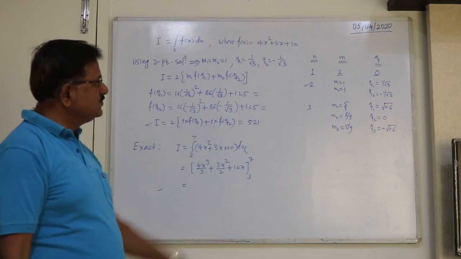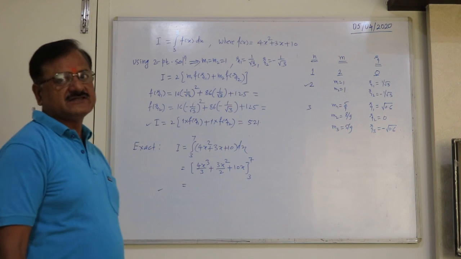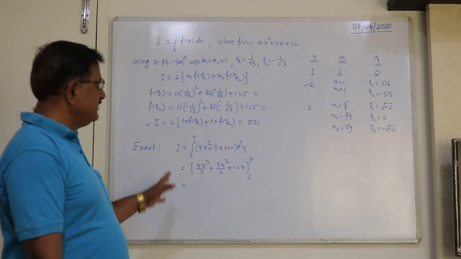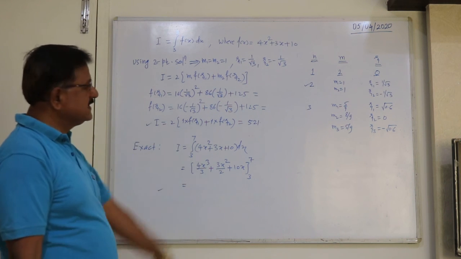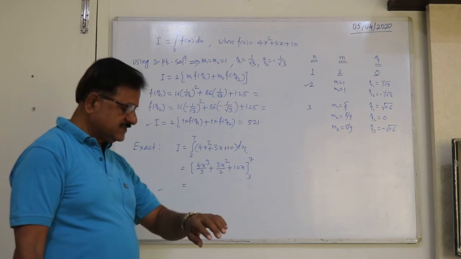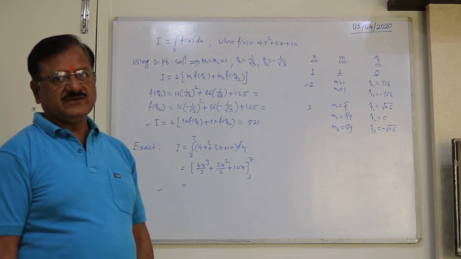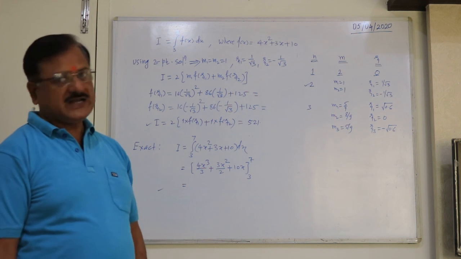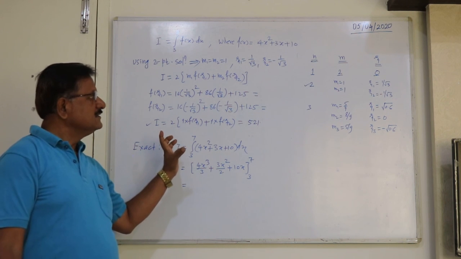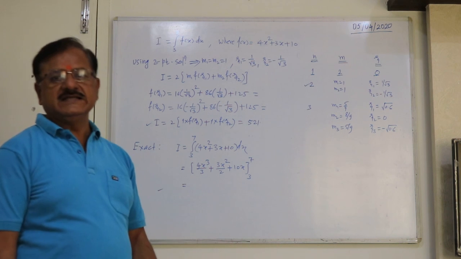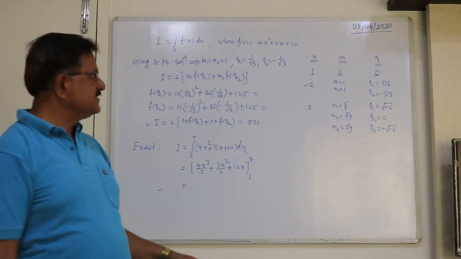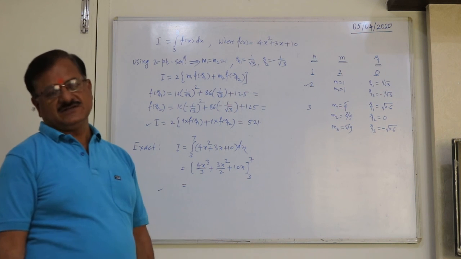That means we can use the Gauss quadrature formula to calculate numerical integration in finite element by using the natural coordinate system. Further problems will be given to you for practice. Try to solve them and learn how to calculate the numerical integration in finite element using the Gauss quadrature formula.